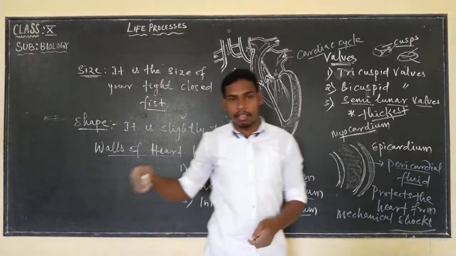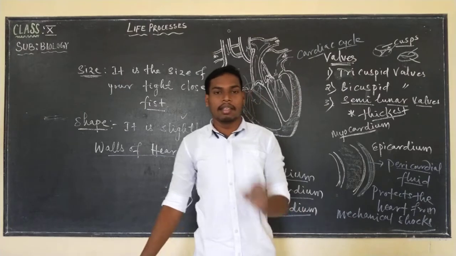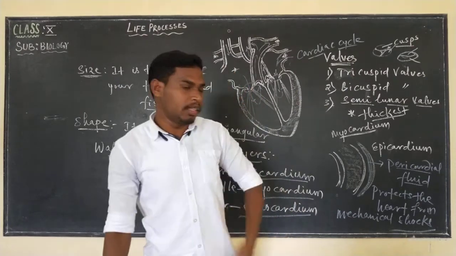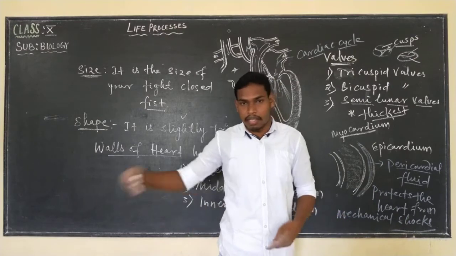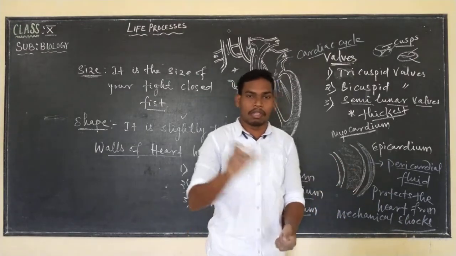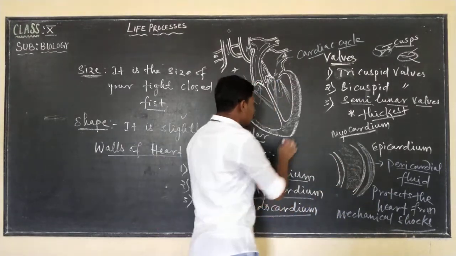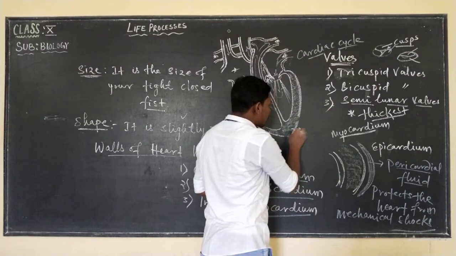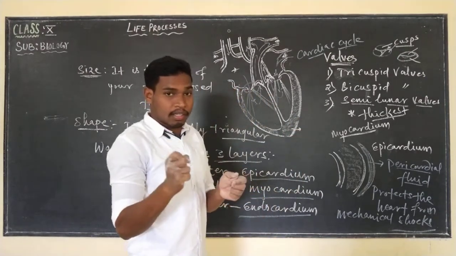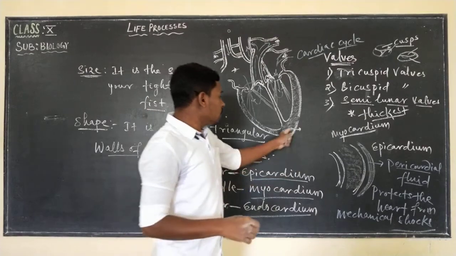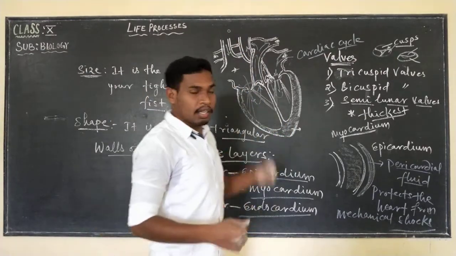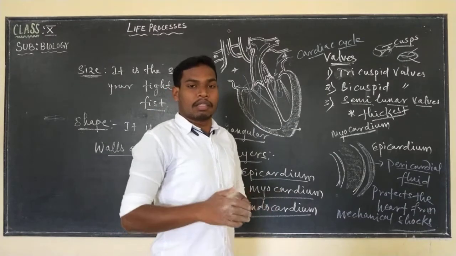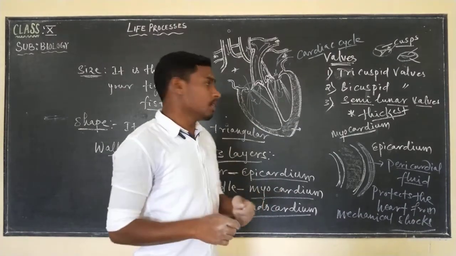The ventricle that is present towards the right has less thickness than the ventricle that is present towards the left. Right is less and left is more thick. Why? Because when they contract with pressure, the blood goes towards all the body parts through the aorta. It reaches all body parts from top to bottom. So they need more thickness.